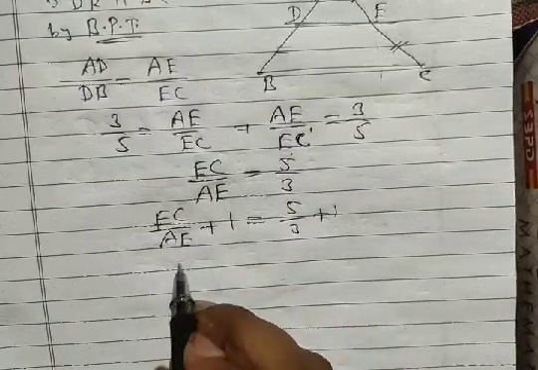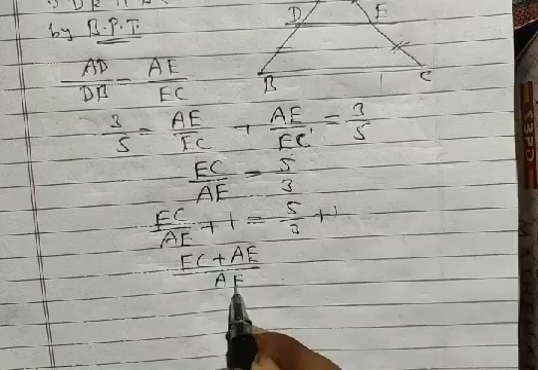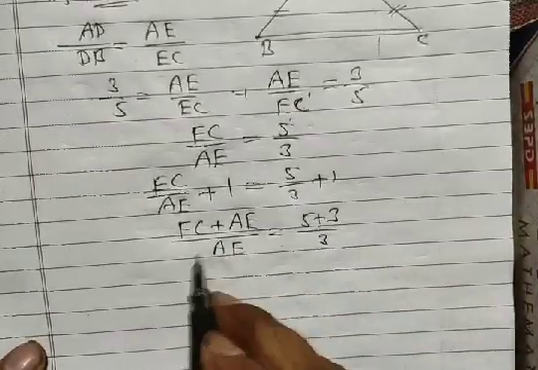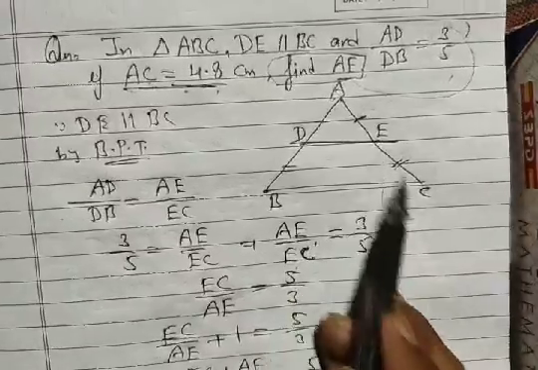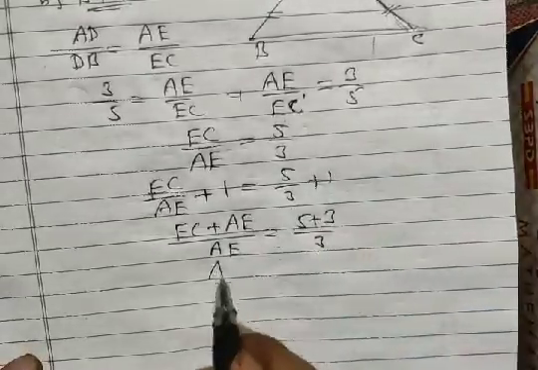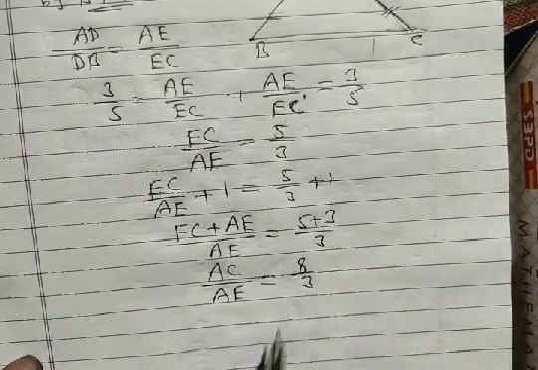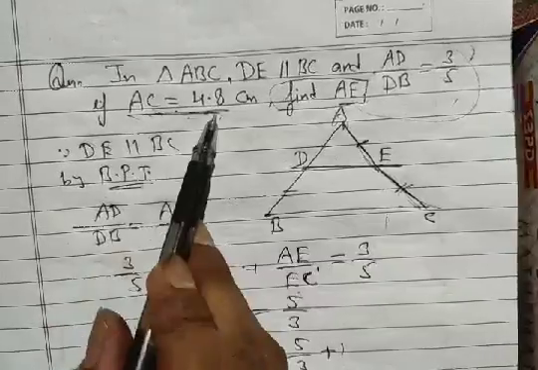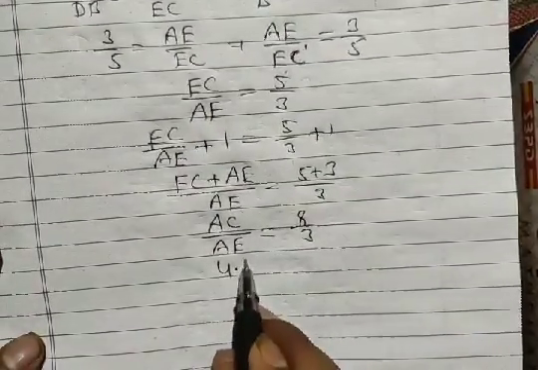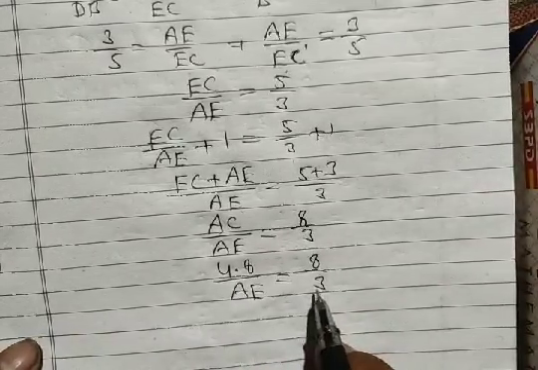Now what do we have? Taking the LCM, it's EC plus AE to AE equals 5 plus 3 over 3. And what now? EC plus AE, this length is equal to AC. So AC to AE is 8 to 3. Now look, we have the value of AC and we have to find AE. Put in the value of AC, which is 4.8 divided by AE equal to 8/3.